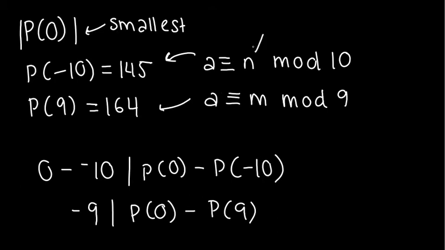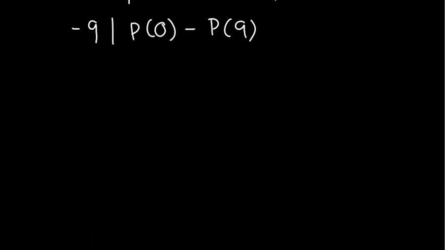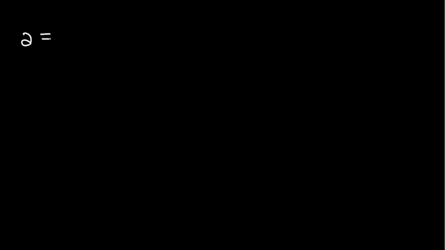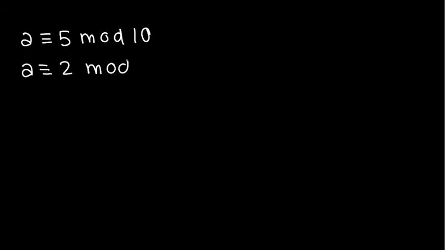You can find out that n is equal to 5 because 145 divided by 10 is 14, remainder 5, and m is just equal to 2. Okay, so now we have to utilize the Chinese remainder theorem to solve the rest of this problem. So a is congruent to 5 mod 10, and a is also congruent to 2 mod 9.